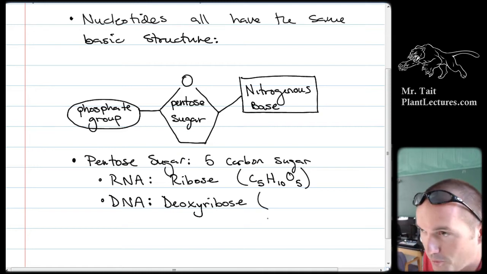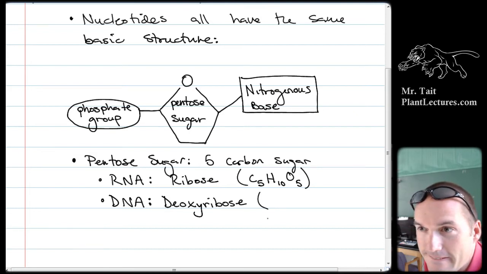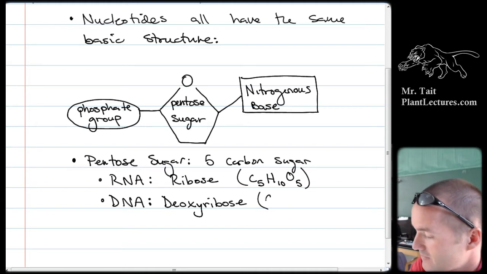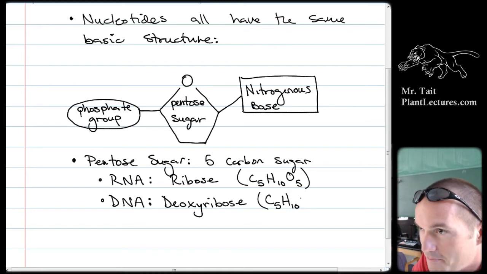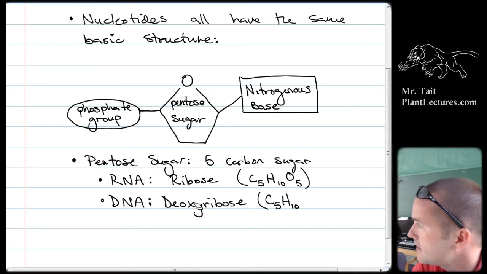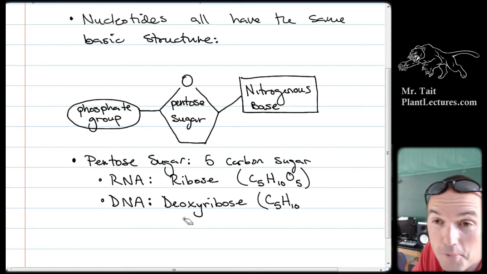Anybody want to guess the formula for that? C5H10, then what? Nope. Look at the name. Deoxy. So it's not di-oxy, it's just single, right? So deoxy means there's just one less oxygen.